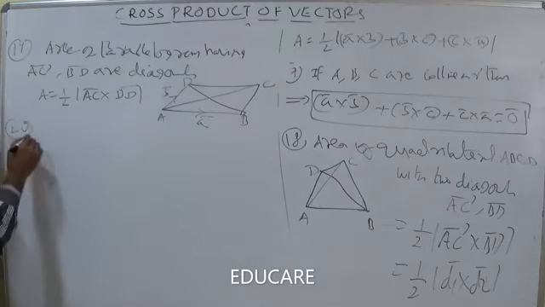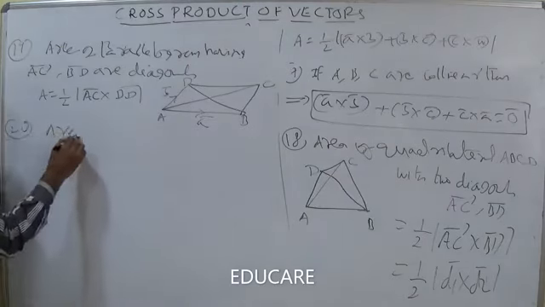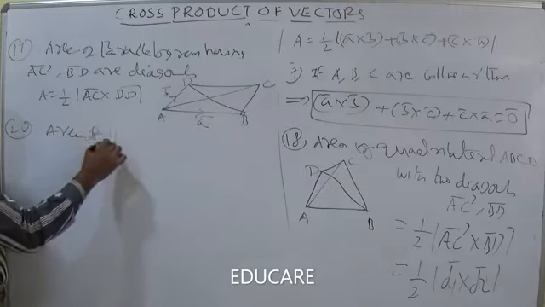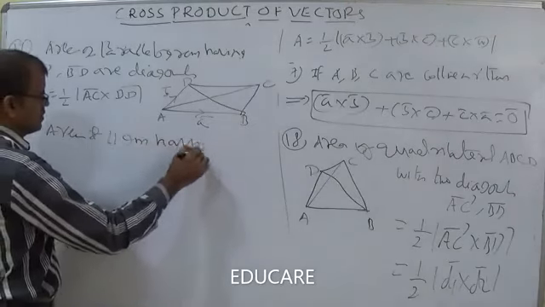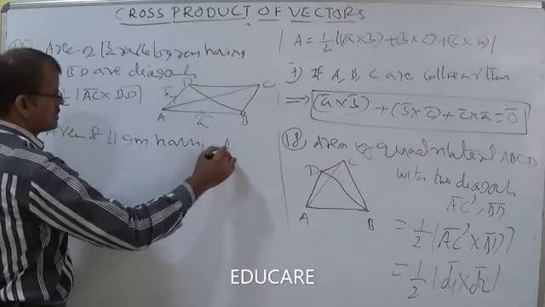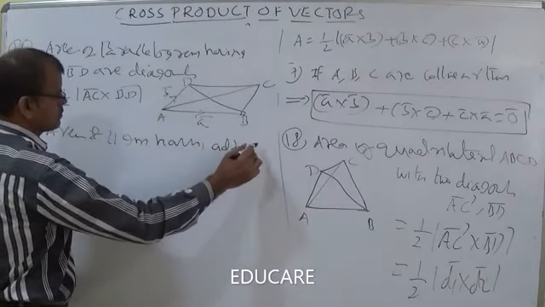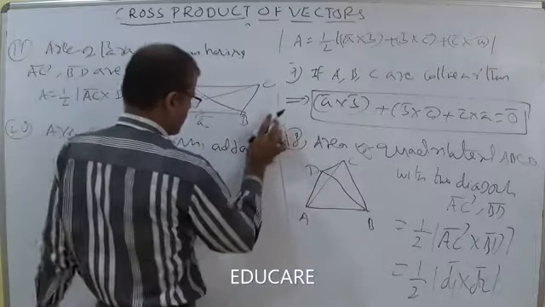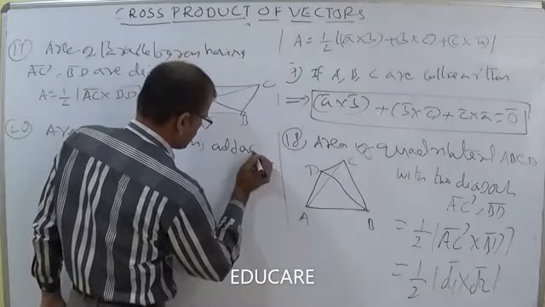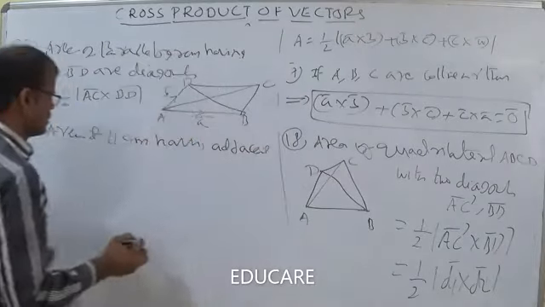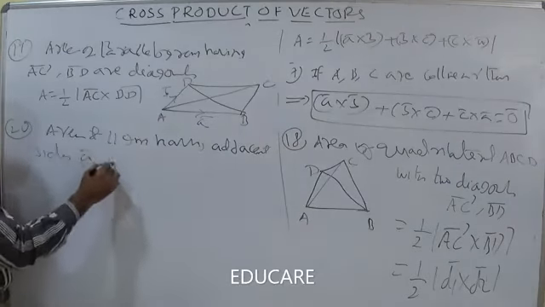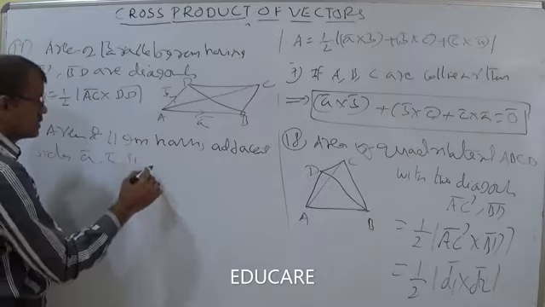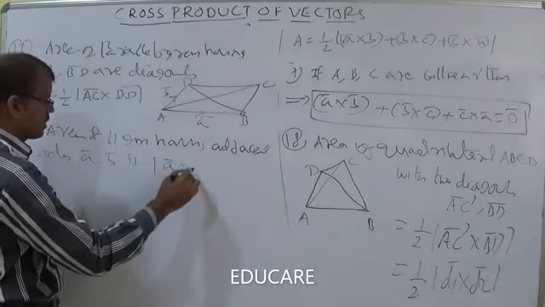Next, this is an important one: area of parallelogram having adjacent sides a bar, b bar is simply modulus of a bar cross b bar.